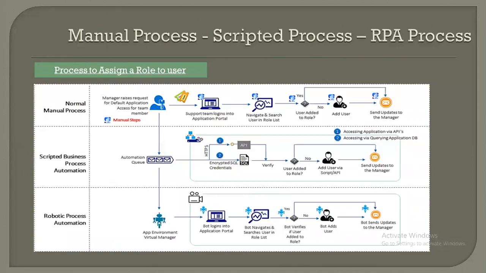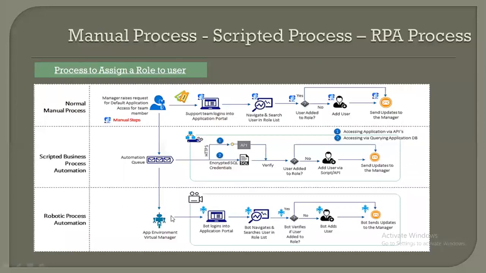You can compare how the user interacts with the manual process to the systems, and how the role is added to a user. And you can see how the script-based business process interacts with the SQL database and APIs, then with the JMS queues, then adds the user to a role, and then sends an email.